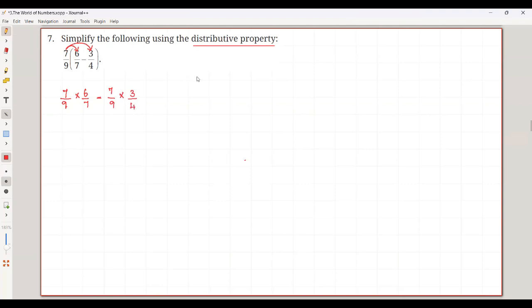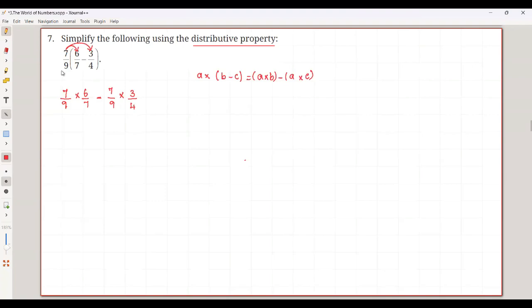If you want to make a note: the distributive property of multiplication over subtraction is, given A into B minus C, it means A into B minus A into C. This is the distributive property.